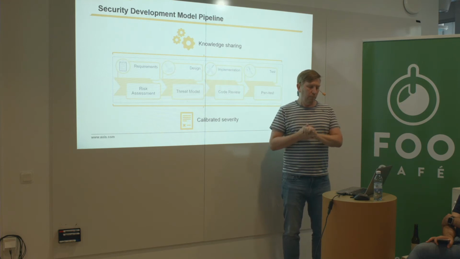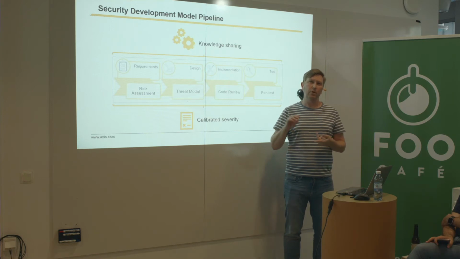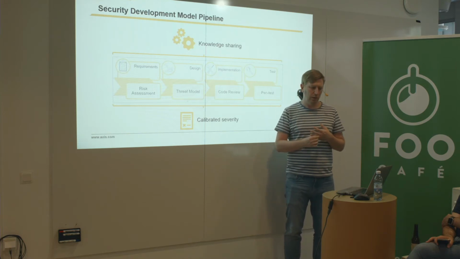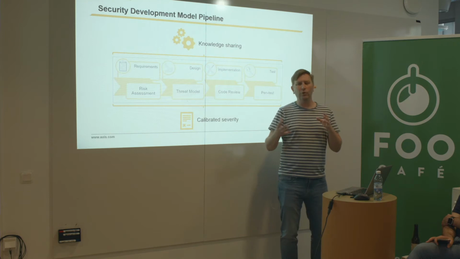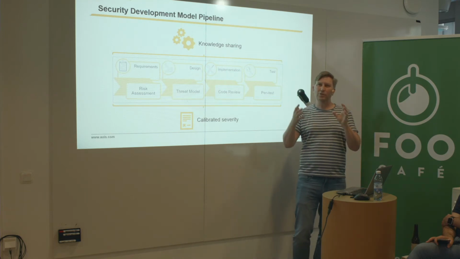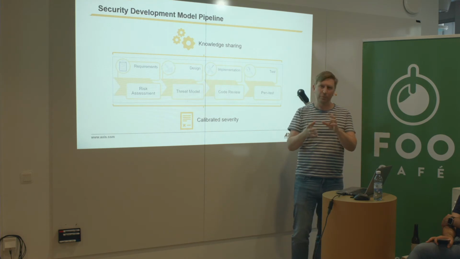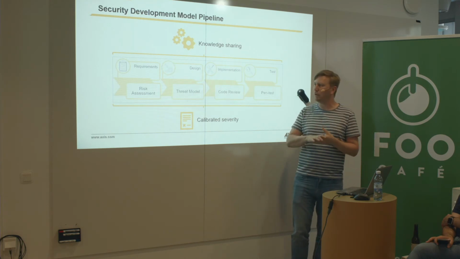When you do security work, regardless if you're doing architecture analysis with threat modeling, or some sort of code review, or pen testing, you're always building some sort of mental picture of your system. You're trying to understand how it works, and you try to figure out the things that can go wrong.